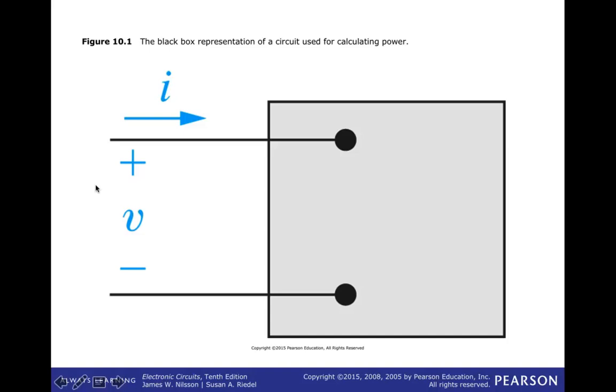If you get into detailed power calculations, you can determine whether power is being absorbed by or delivered by what's in the black box based on the algebraic sign of the power. That's why, if you use the passive sign convention, you can look at the sign of the power and know if it's being absorbed or delivered.